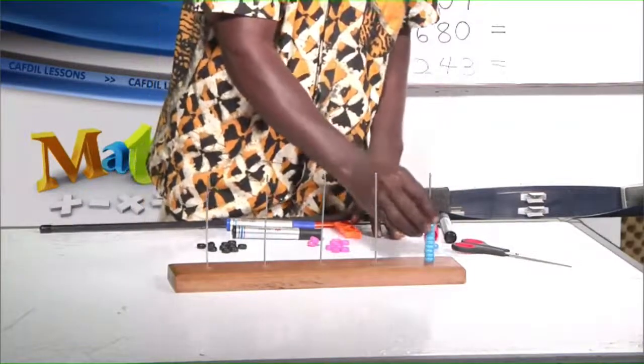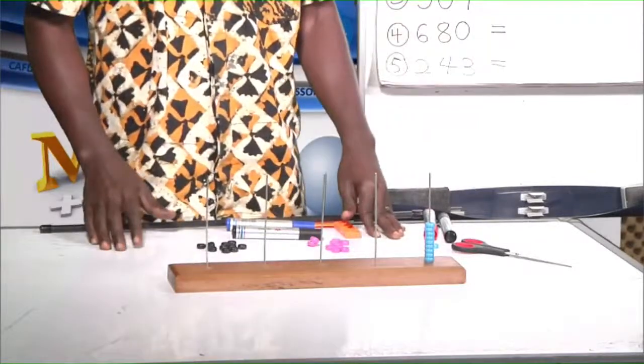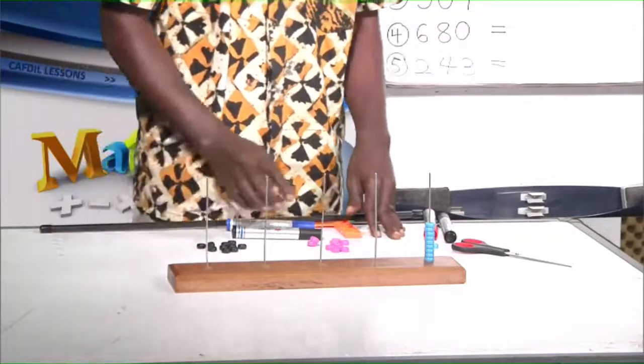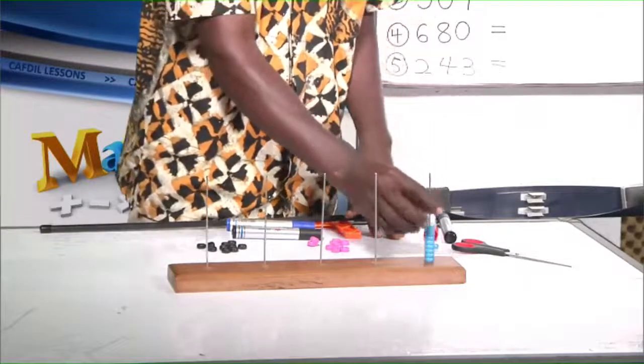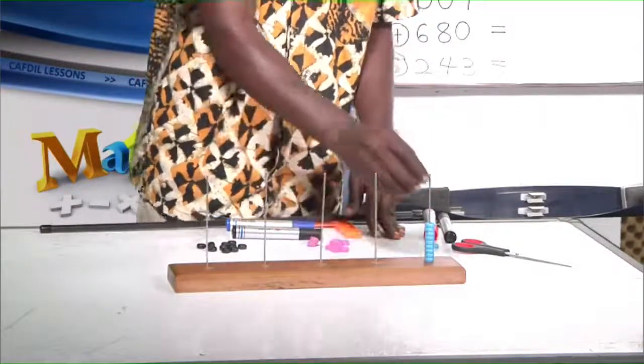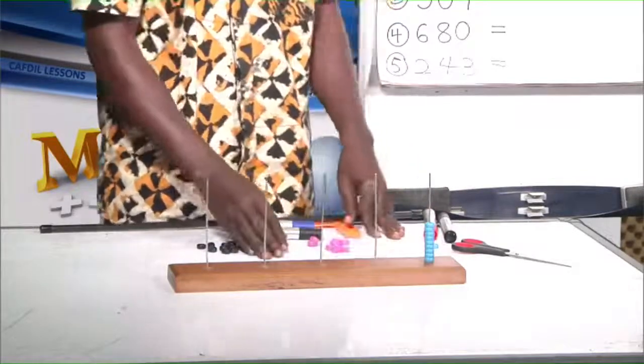So under the ones column, we have 9 beads. And remember we said each column can take a maximum of 9. So we have 9 beads on the ones column.